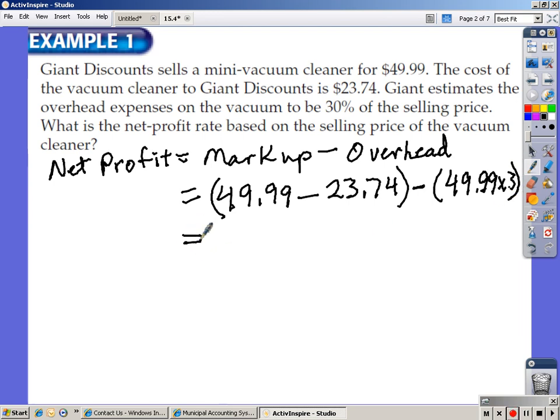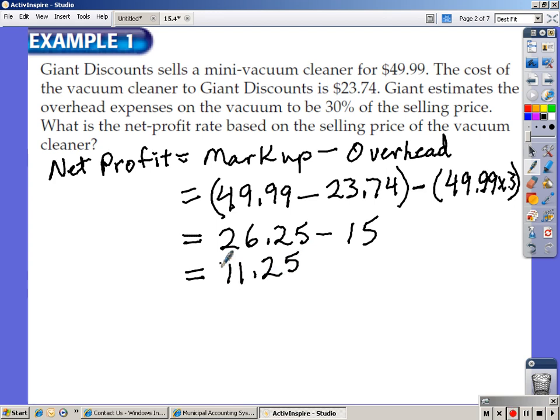So to find net profit, $49.99 minus $23.74 is $26.25 minus $49.99 times 0.3 is $15. Okay, so it tells me my net profit, subtract that out, is $11.25.